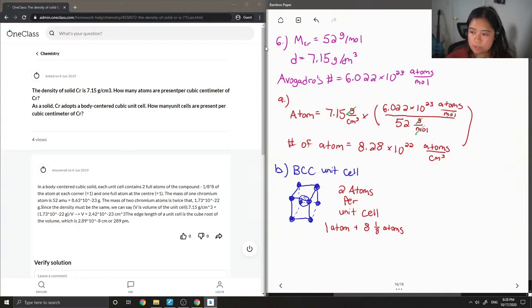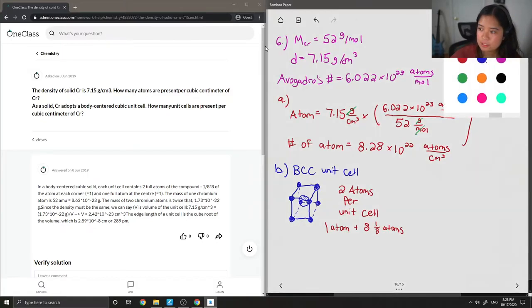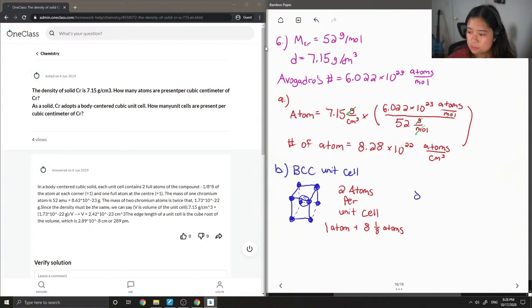Okay, so since we know that there are 8.28 times 10 to the 22 atoms per centimeter cubed, I'm gonna take that value and then multiply it by 1 unit cell for every 2 atoms.